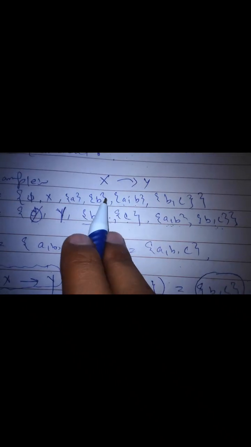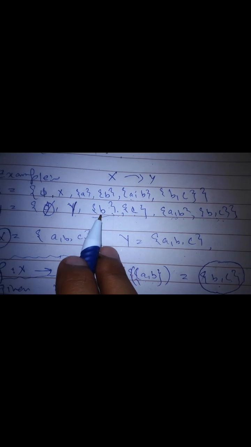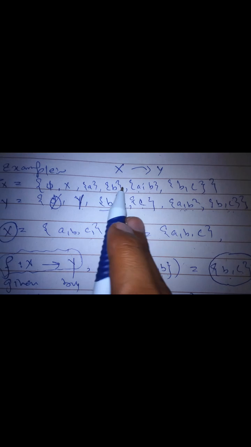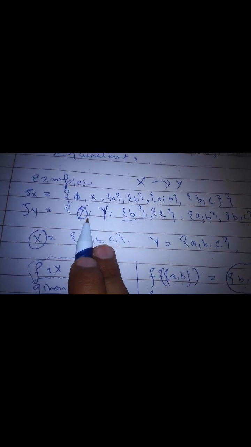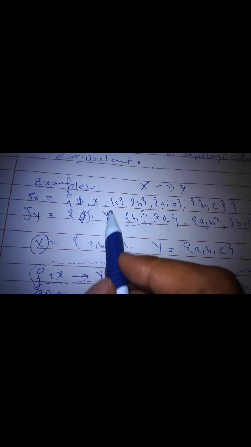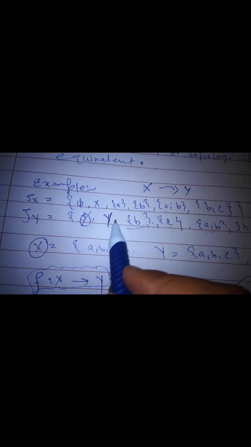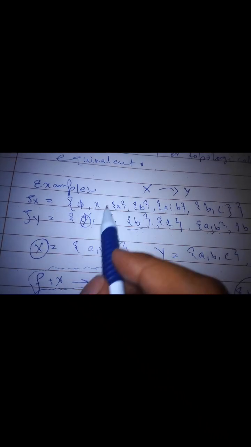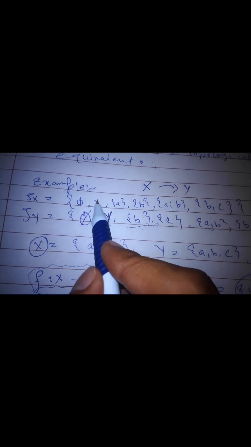The pre-image of the empty set is empty, and the pre-image of the whole space is the whole space, which is open here. So we can say that X is homeomorphic to Y, because all the pre-images of open sets are open. So X and Y are homeomorphic according to this function. This is the homeomorphism between X and Y.